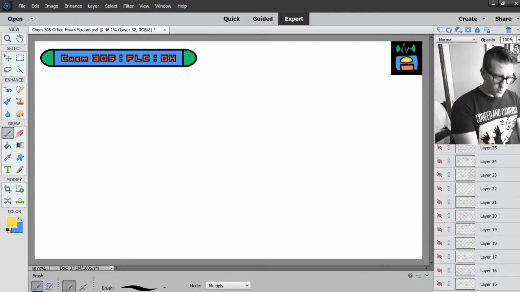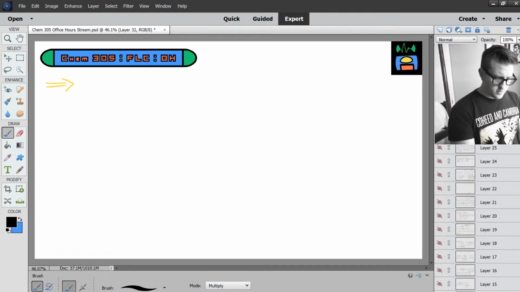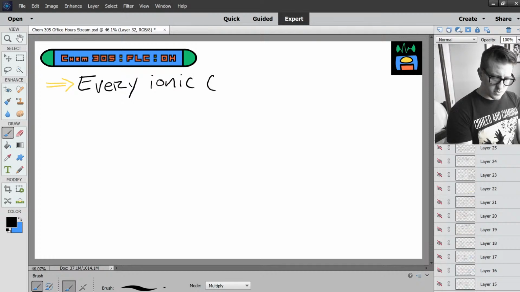So this is the crux of it. Let me know if you're tracking with this. Does it make sense when I say that every ionic compound is net neutral?